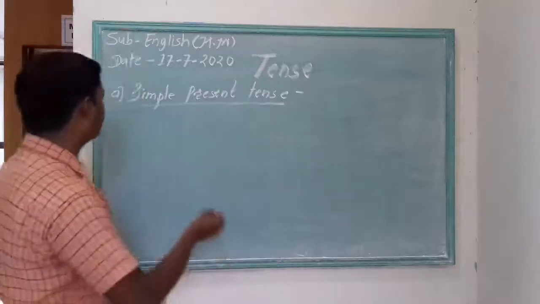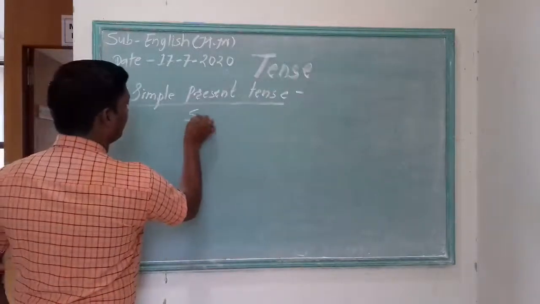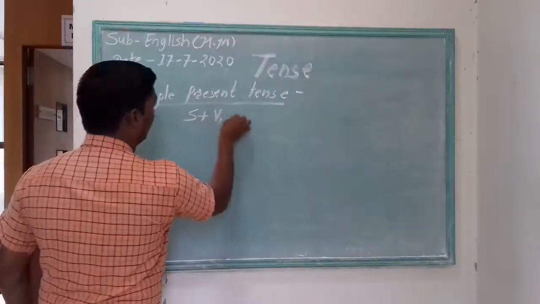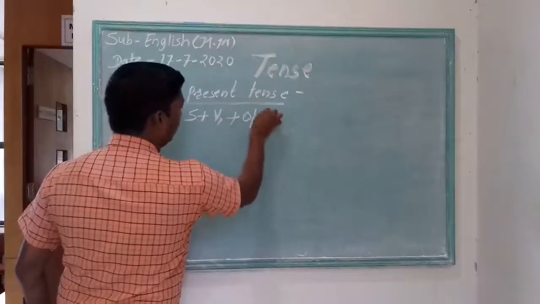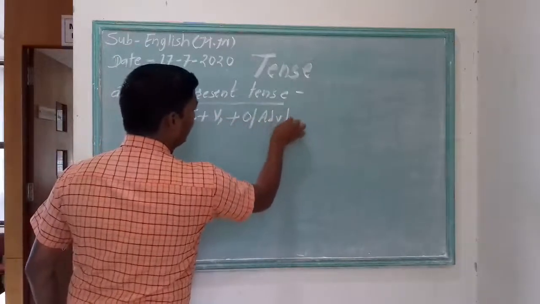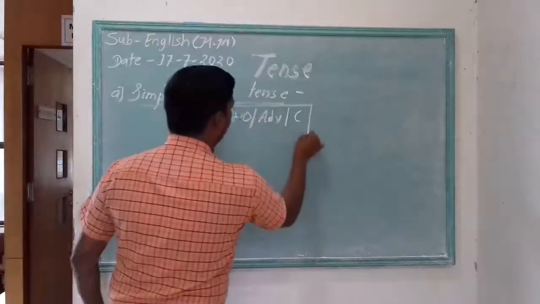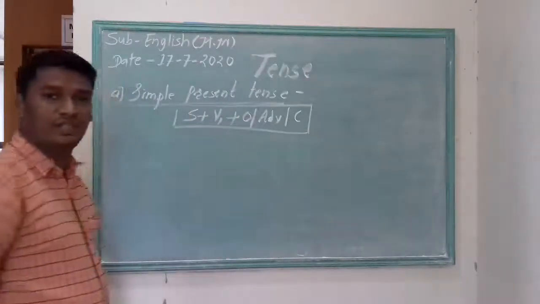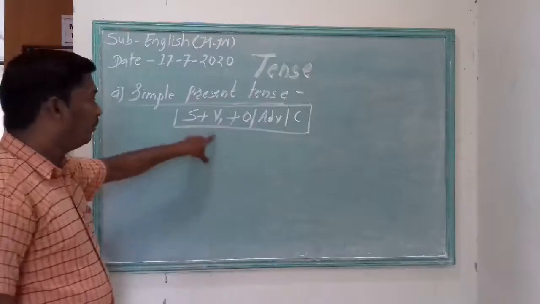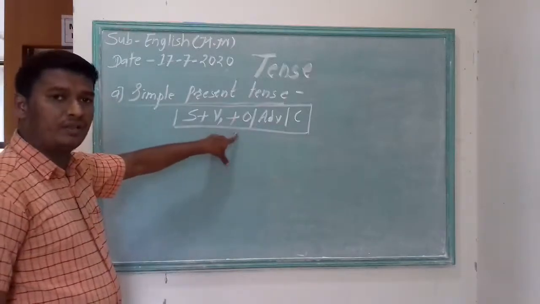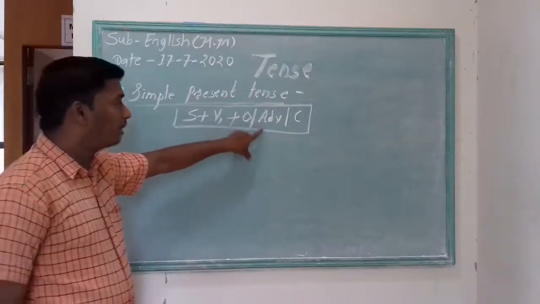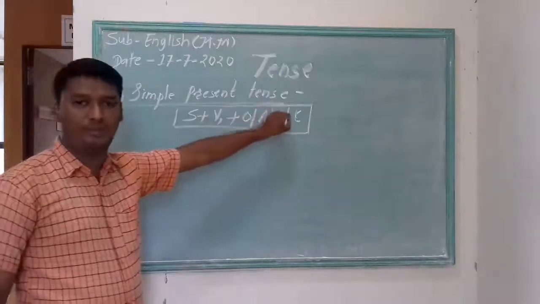In which structure do we write such a sentence? Look, Subject plus V1 plus O. Sometimes there will be an adverb, sometimes there will be a complement.